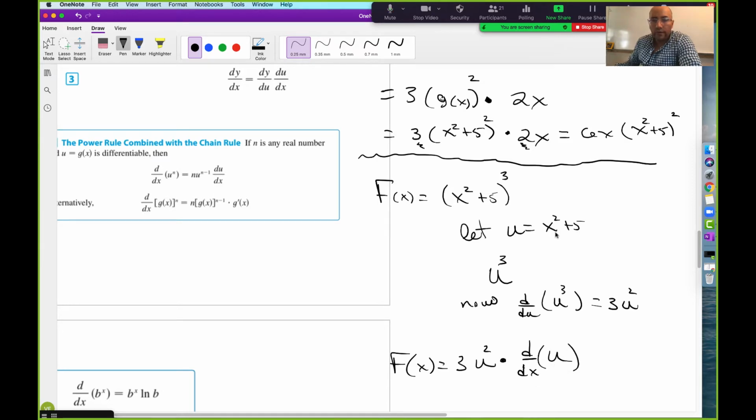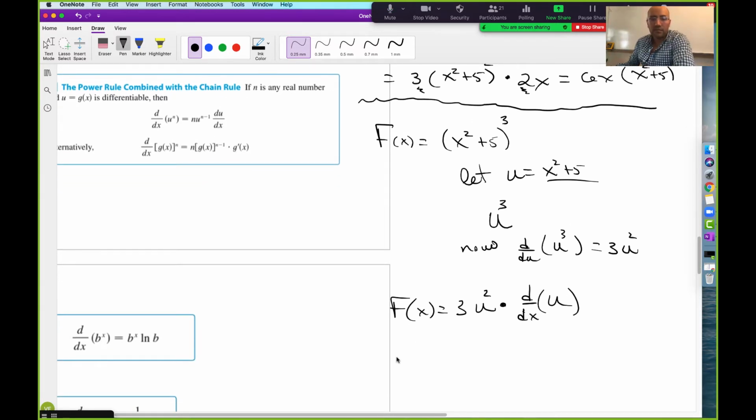Right, where the u is this guy, so we have to introduce an extra term of 2x. So f prime of x is equal to 3u squared times the derivative with respect to x of x squared plus 5, which then gives me 3u squared times 2x, where the u is that guy.